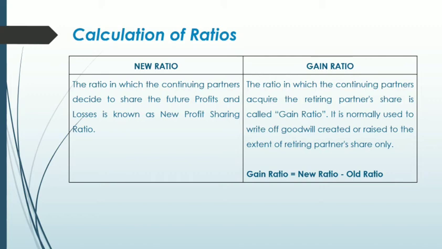It is normally used to write off goodwill created or raised to the extent of retiring partner's share only. Therefore, the formula for gain ratio is new ratio minus old ratio.